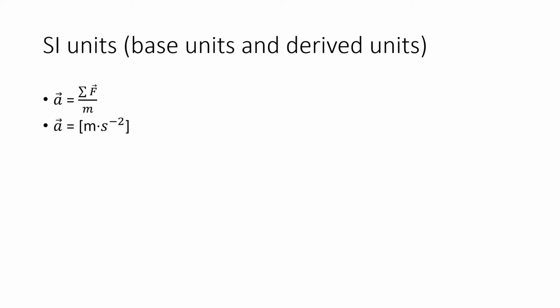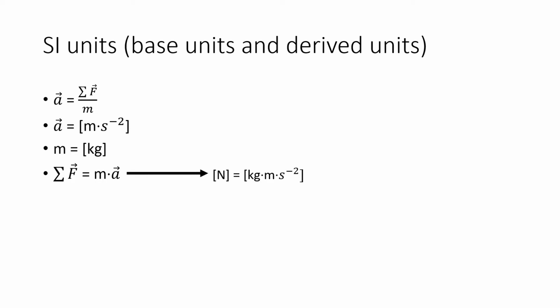Thus, the unit of acceleration is meter times second to the power of -2. Mass is measured in kilograms. So, if we rewrite the formula in the following way, it is easy to see that the unit of force, Newton, can be expressed in terms of SI base units of mass and acceleration. It means that Newton is a derived unit.